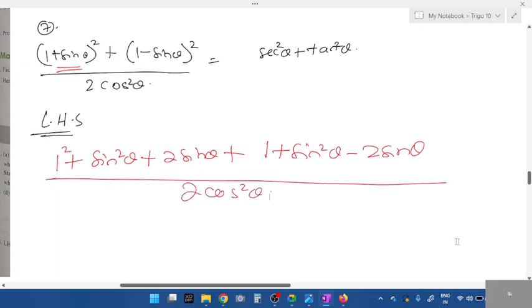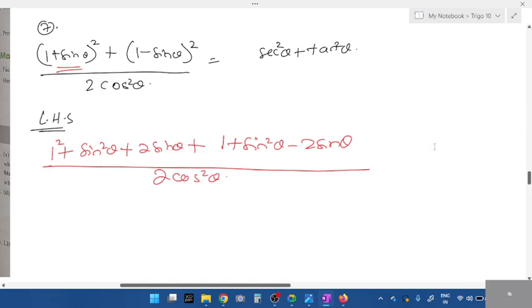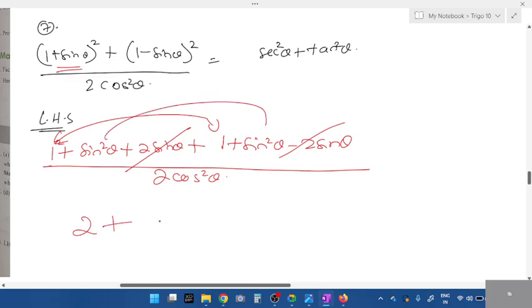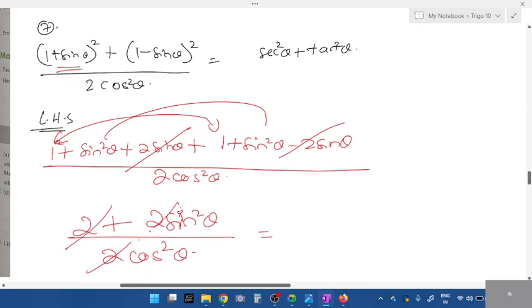Which one gets cancelled in the numerator? All of you will answer which one gets cancelled. Yes, minus 2 and plus 2. What is 1 plus 1? 2 plus sin square is how much? 2 sin square theta divided by 2 cos square theta, students. Now, we need cos square theta, but I don't need these 2's. I need to cancel it out.